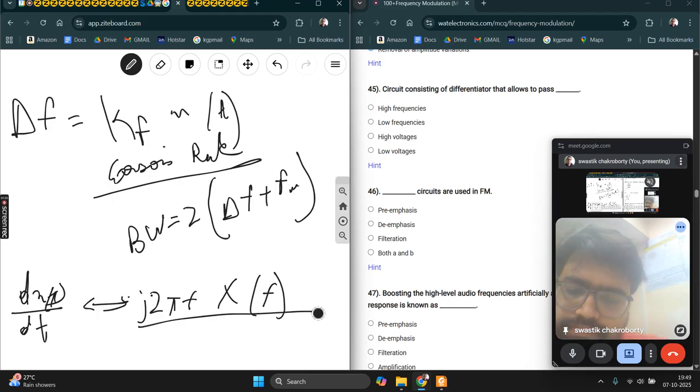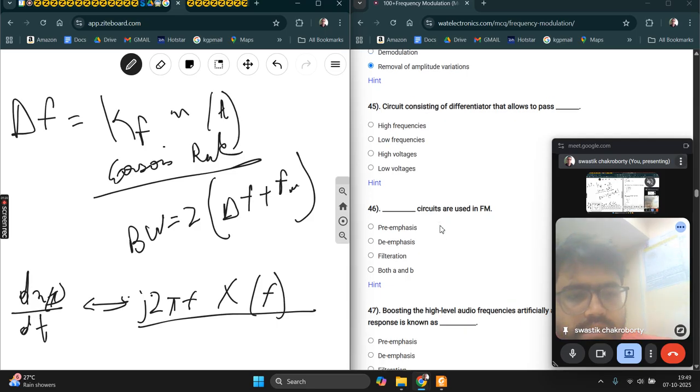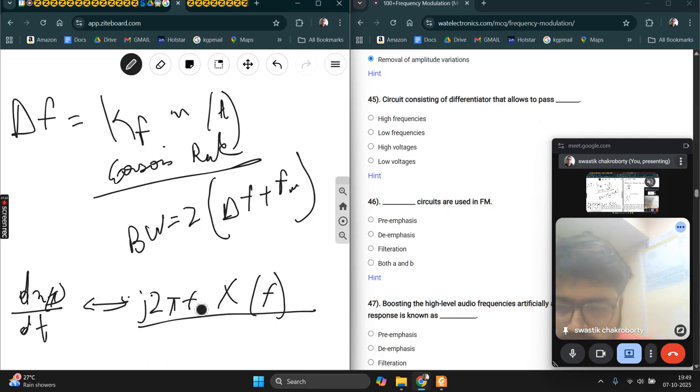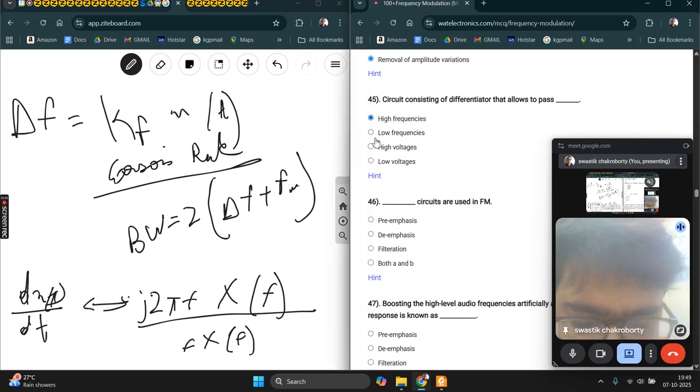So multiplying by frequency, you have f X(f). Now this will be a high pass response, so it favors high frequencies. Now that circuit is used in FM.